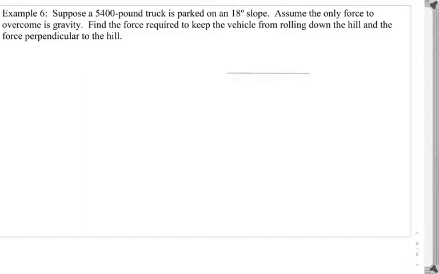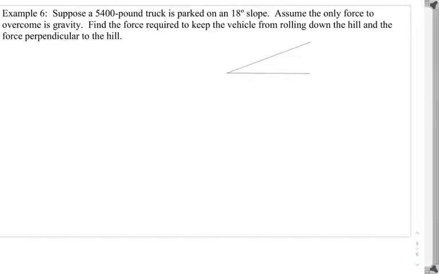Example number 6 says, suppose a 5,400-pound truck is parked on an 18-degree slope. Assume the only force to overcome is gravity. Find the force required to keep the vehicle from rolling down the hill and the force perpendicular to the hill.